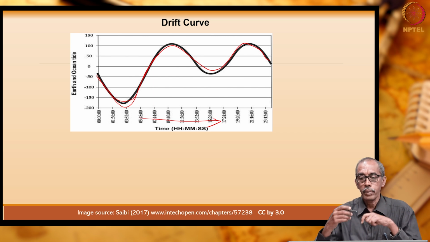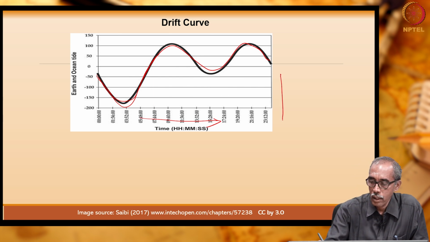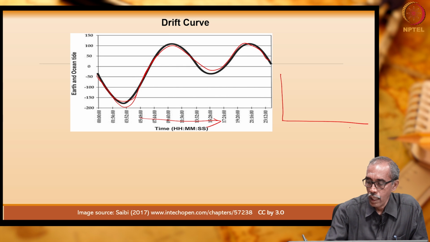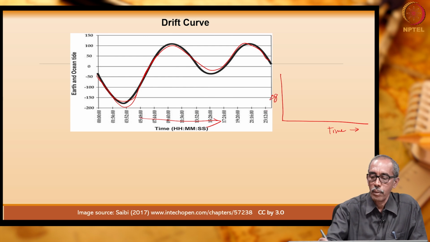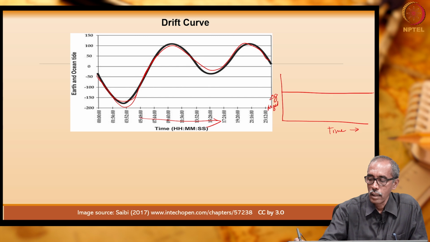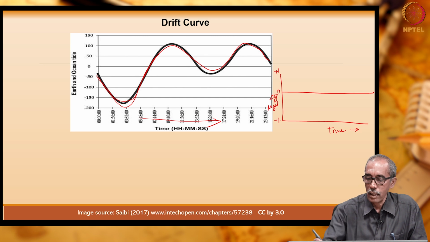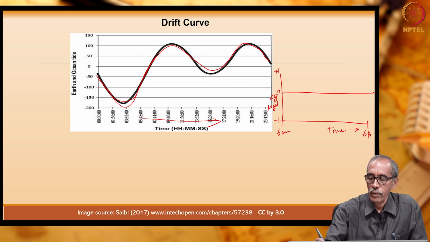Hence, in order to obtain this, we deploy the instrument at one place and we measure. This is the time axis and here is the delta G value, maybe in milligauss. Let us say this is 0, this is plus 1, this is minus 1, and here is the time, 6 a.m., this is 6 p.m. So, we keep measuring the values.